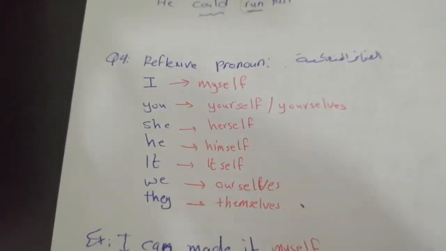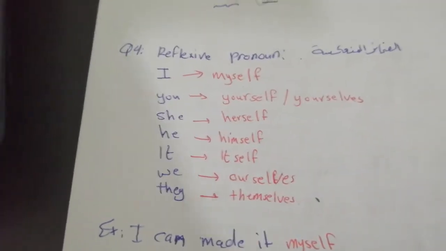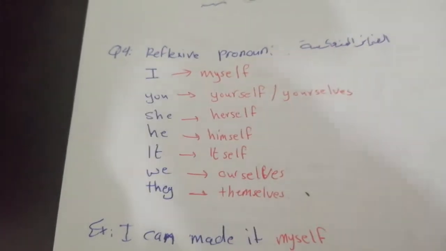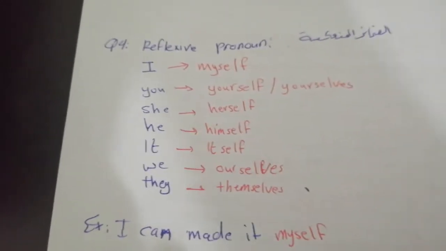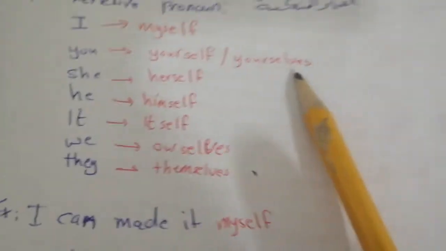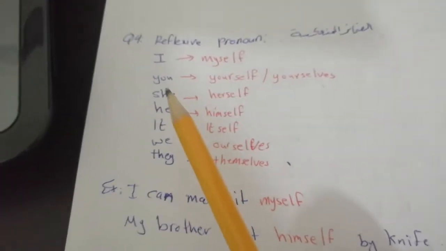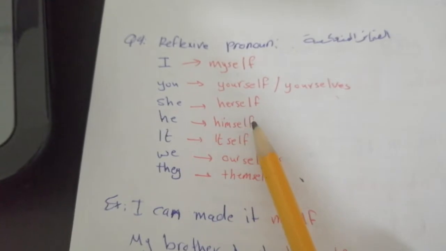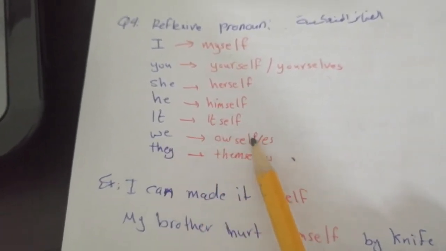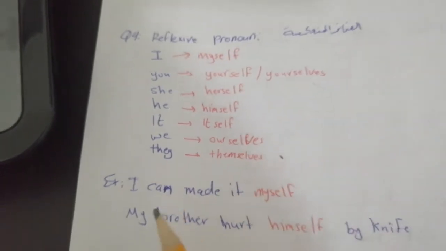If I'm talking about you, just one person. إذا بحكي عن واحد, you أنت بس أنت عنك واحد. بنحكي yourself. إذا بحكي you أنتم كلياتكم بحكي بالplural yourselves. This is with the plural. She for the girl herself, he for the boy himself, it itself, we ourselves, and they themselves.